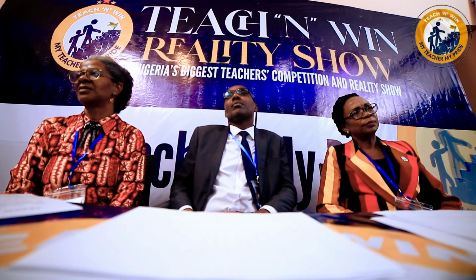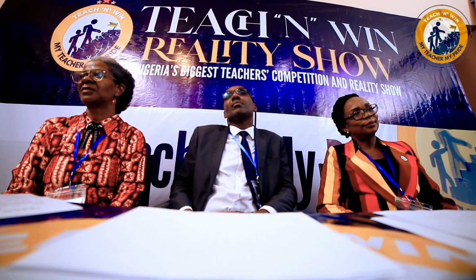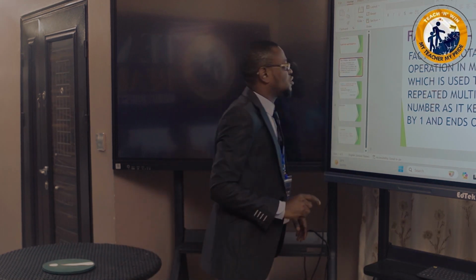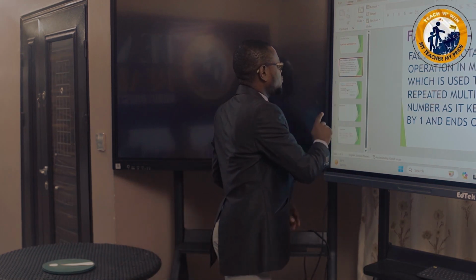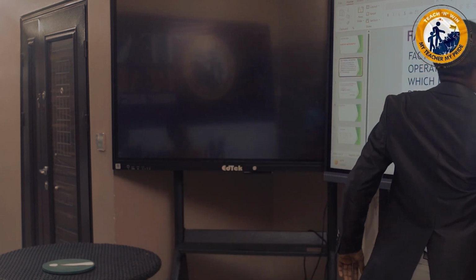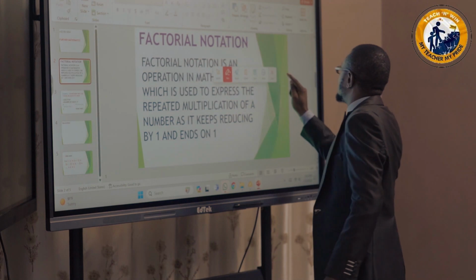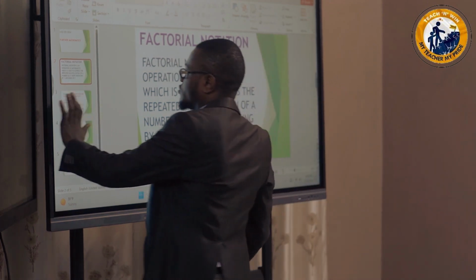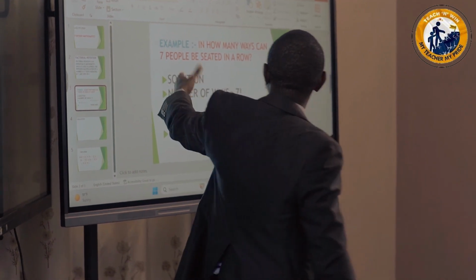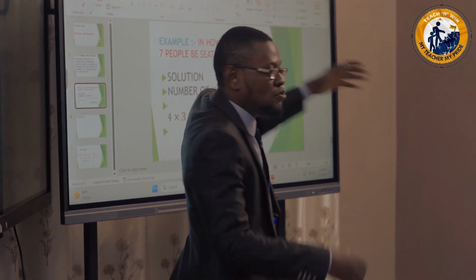So how do we use it in real life situations? Let us look at a question here. In how many ways can 7 people be seated in a row?